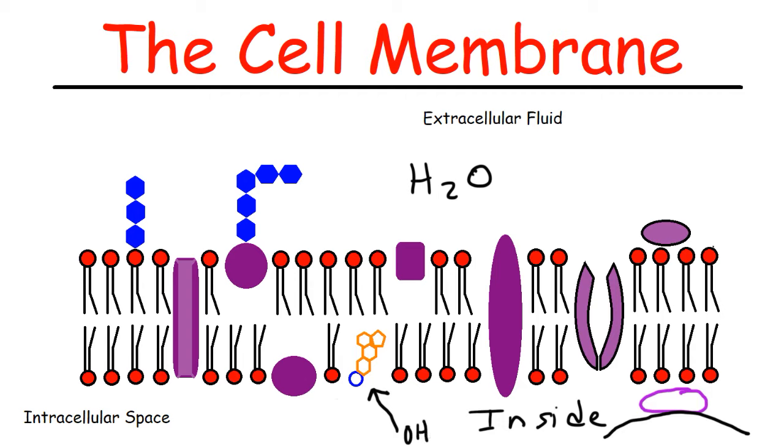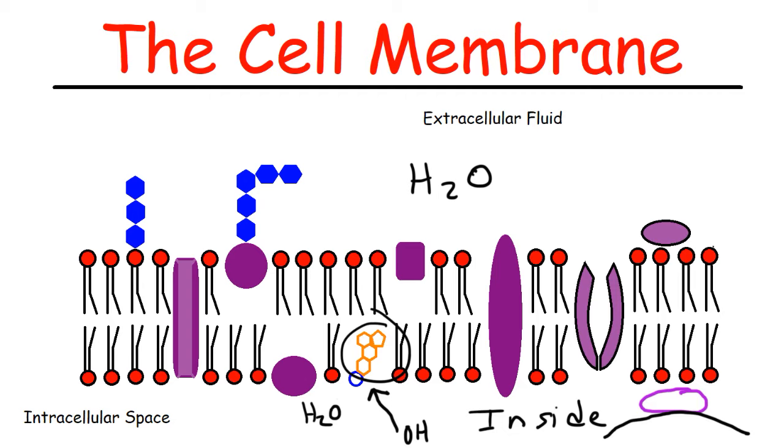And the hydroxyl group is polar because of hydrogen bonding. It's very attracted to water. And so it's going to be facing outside of the cellular membrane. Now the four fused rings of cholesterol, that's the nonpolar region, the hydrophobic region. And so that's going to be pointing towards the interior of the membrane.